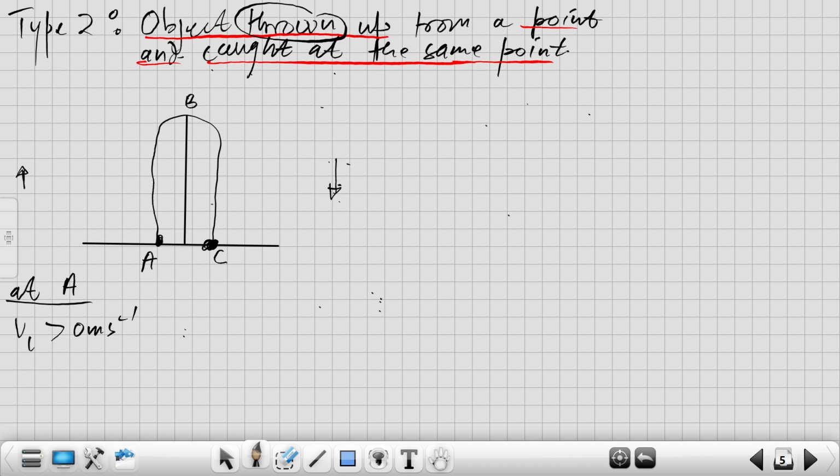I know that because once it is thrown, it means it was given an initial velocity. What else can I say about A? I can say it's greater than 0, yes, but decreases as the object approaches B.